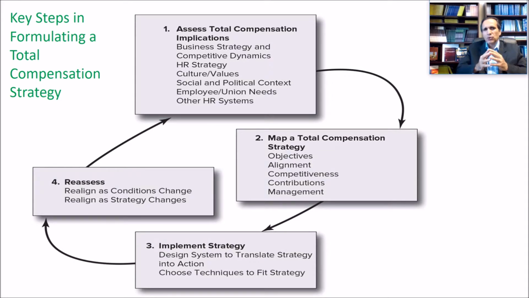The mapping of total compensation strategy means looking at your objectives, the alignment, competitiveness, contributions, and management, all of that together, and how it can be implemented, which leads to your strategy for implementation, where you have to consider the design system to translate your strategy into action every single day, every single week, every single month, and choose relevant techniques to fit the strategy into the implementation process.